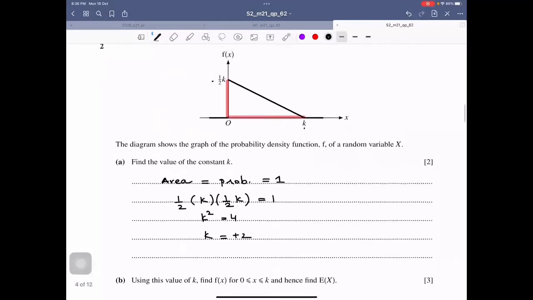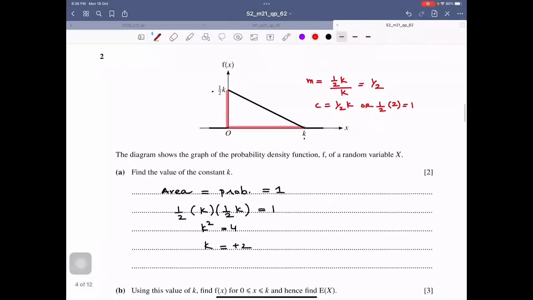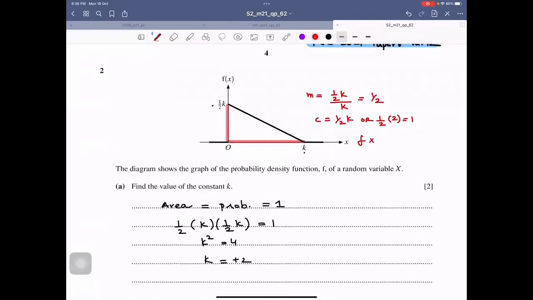Therefore, if I work on coordinate geometry, the gradient is half k divided by k. That is change in y over change in x. K cancels. That comes out to be half. The y-intercept is half k. That is half of 2. That comes out to be 1. So therefore, the equation f(x) is equal to mx plus c.